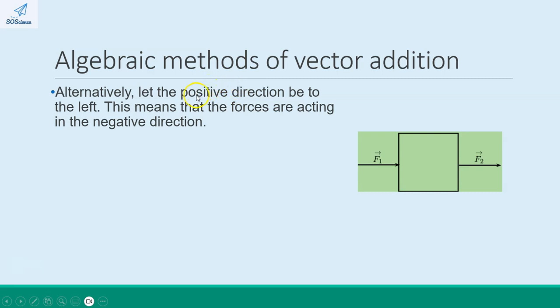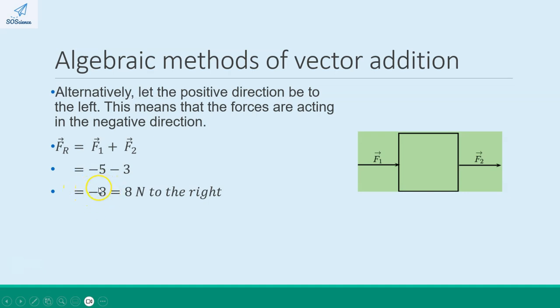Alternatively, let the positive direction be to the left. So in this case, both of these forces are acting in the negative direction. Fr equals F1 plus F2, but in this case, both forces are negative, minus 5, minus 3. So the answer to that is minus 8.